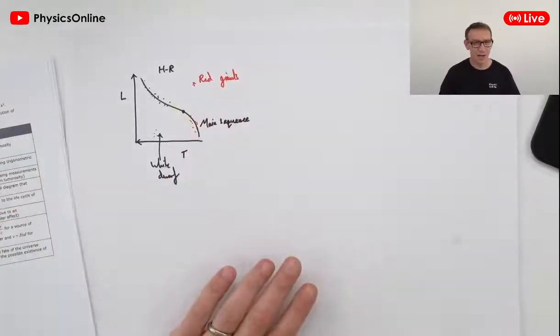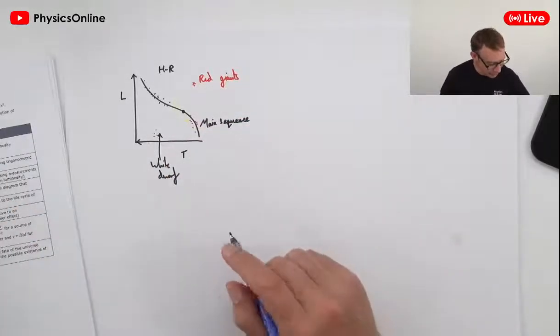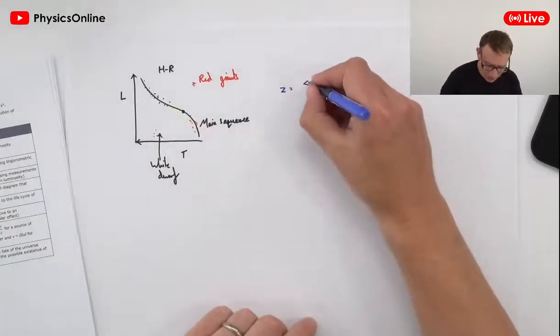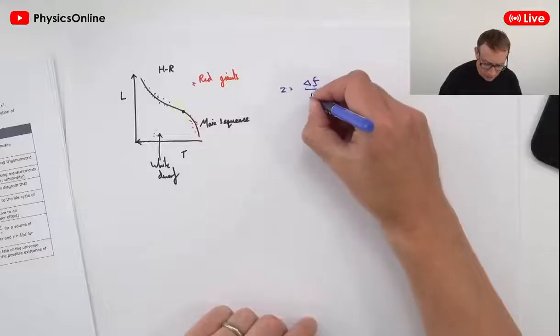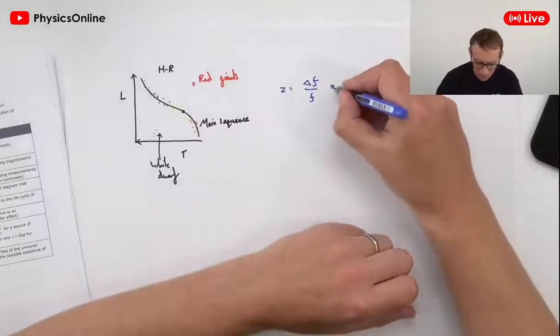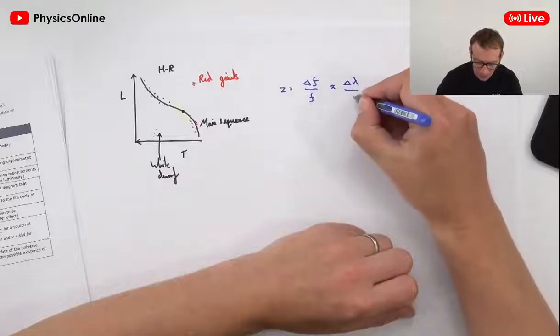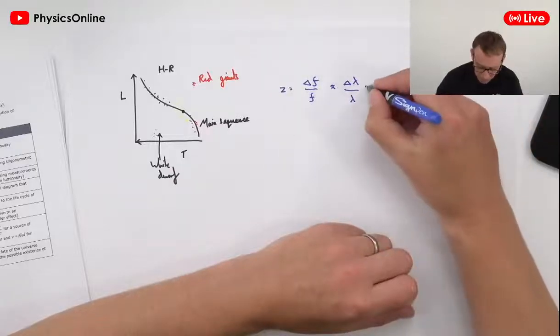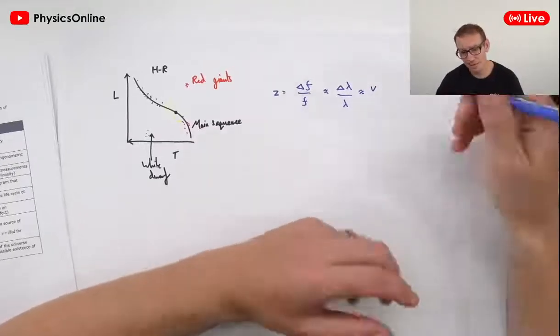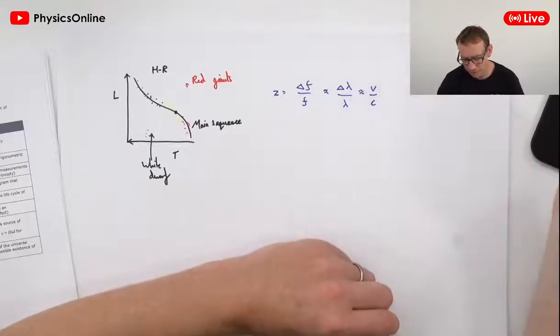Okay, so that's an HR diagram. The next thing is the Doppler effect. Basically the Doppler shift is equal to the change in frequency over the original frequency of the light being emitted, which is pretty much the same as the change in wavelength over the original wavelength, which is equal to the speed of recession, often of that galaxy or star, over the speed of light.